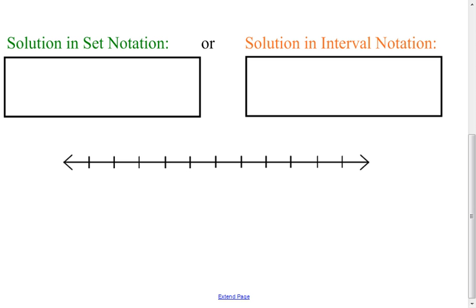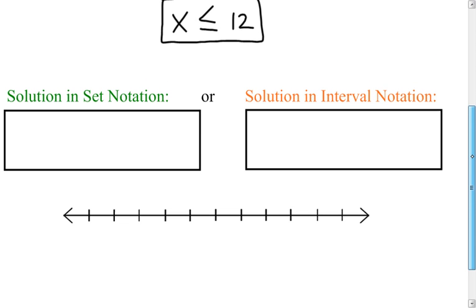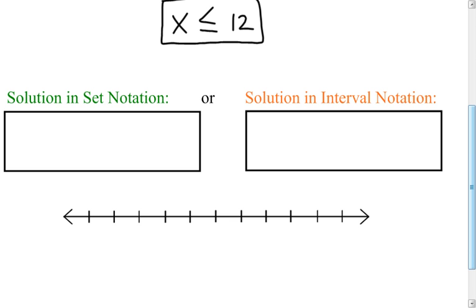If I were to put that on a number line, I'm just going to put some numbers above and below that. So let's go 10, 11, 12, 13, 14. It doesn't matter where you put it on the number line. x is less than or equal to 12. Notice this is underlined underneath here. Because it's underlined, I am going to fill in my circle.